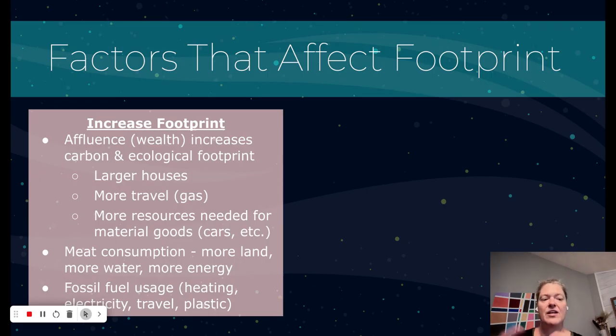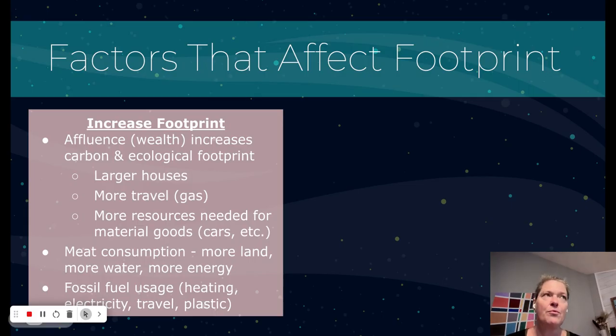Usually, more expensive and larger cars require premium gas, which means it even requires more fossil fuels to run the car. Plus you tend to travel more if you acquire more wealth. You also need more resources. Okay, so there's just a lot. You tend to have larger families, and so all of this goes into increasing your footprint.